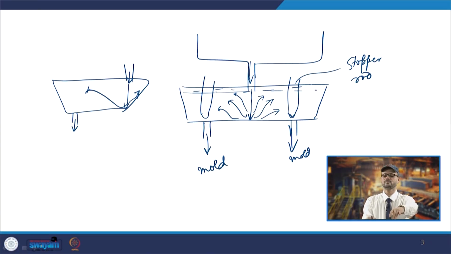So we get the help in removing the slag also. Liquid metal is taken from below, so it will be delivered to the mold from here, and the slag does not cause any harm.